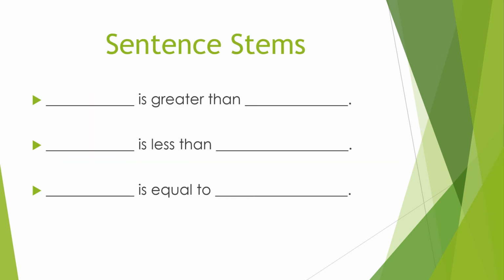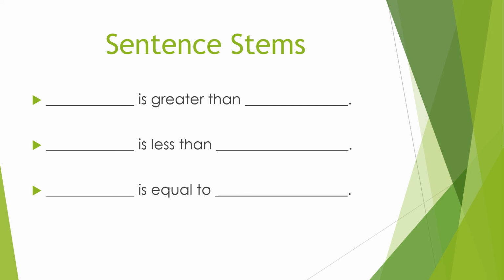Okay, so here are the sentence stems that you're able to use with your child to have them describe the number sentence. Blank is greater than blank, such as 91 is greater than 67. Blank is less than blank, such as 5 is less than 10.